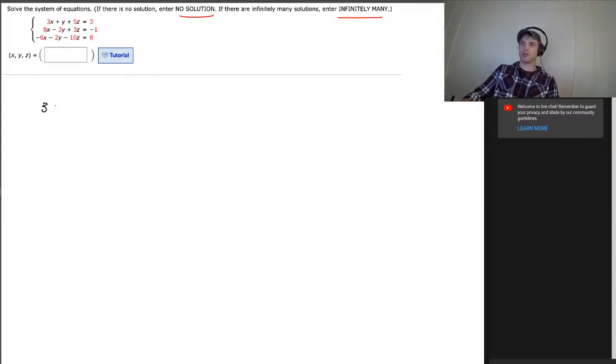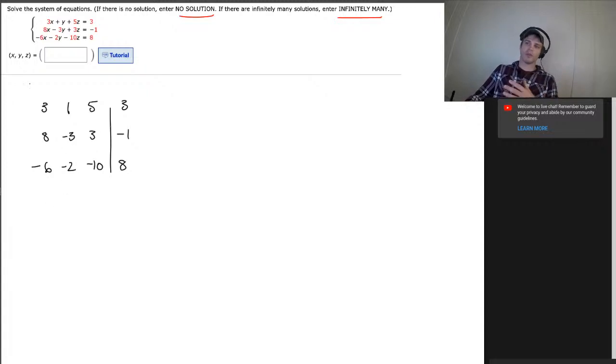We're going to go 3, 1, 5, and 3. So this is everything to the right of the equals, so we'll just put a little line there. Then we've got 8, negative 3, 3, 1, negative 6, negative 2, negative 10.